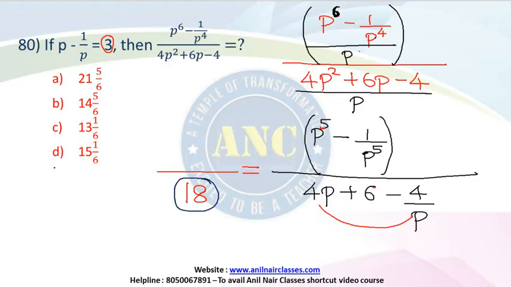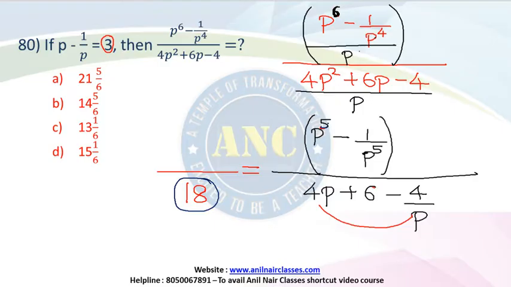That means the answer option should have 18 or multiples or factors of 18. But unfortunately, all the options have 6 in the denominator, which is a factor of 18. So you cannot decide by answer options and try to be a little smart. Smartness in this question will not work. I should somehow find a way to find P power 5 minus 1 by P power 5.